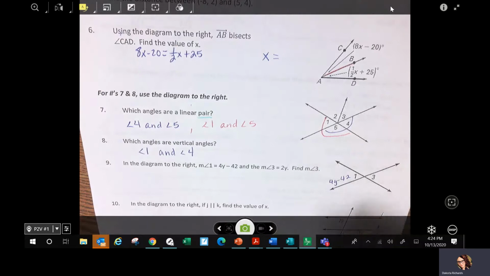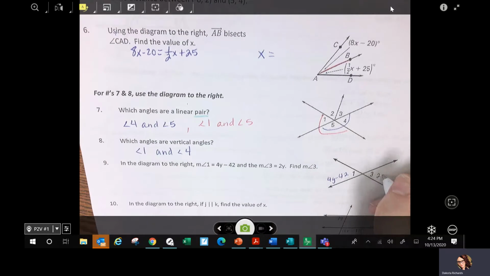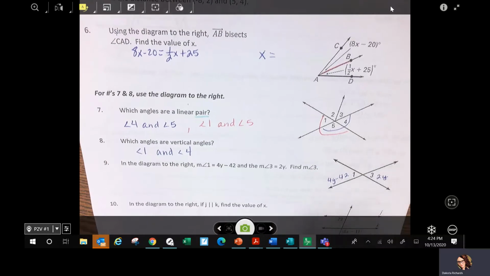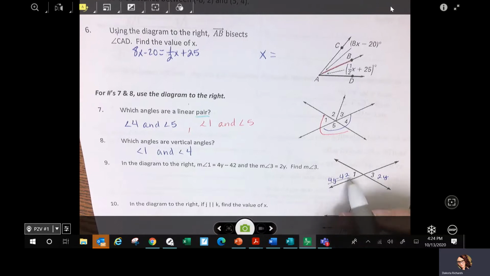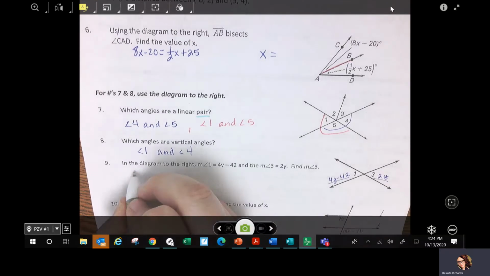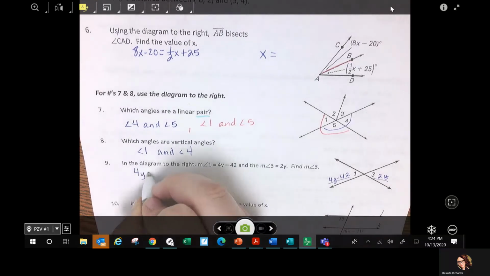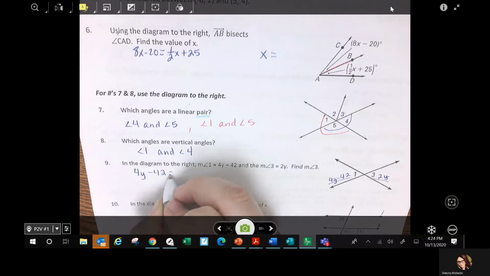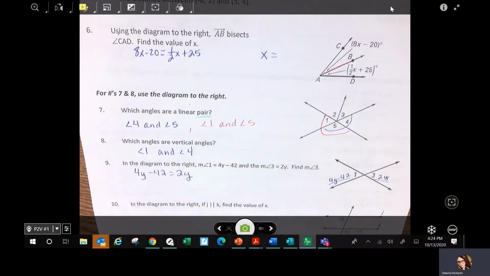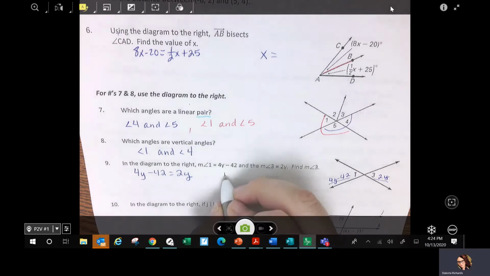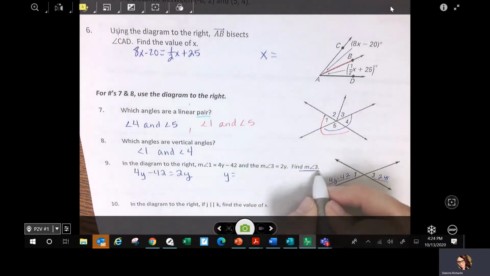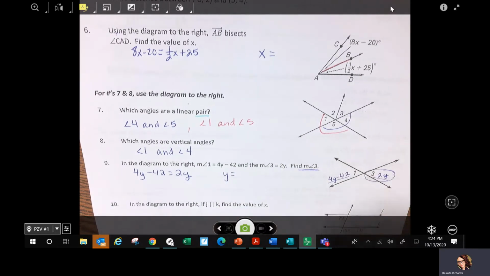The measure of angle 3 is 2y. So all you have to do here is set those two expressions equal to each other, and then solve for y. Once you find out what y is, you have to plug it in to find the measure of angle 3.